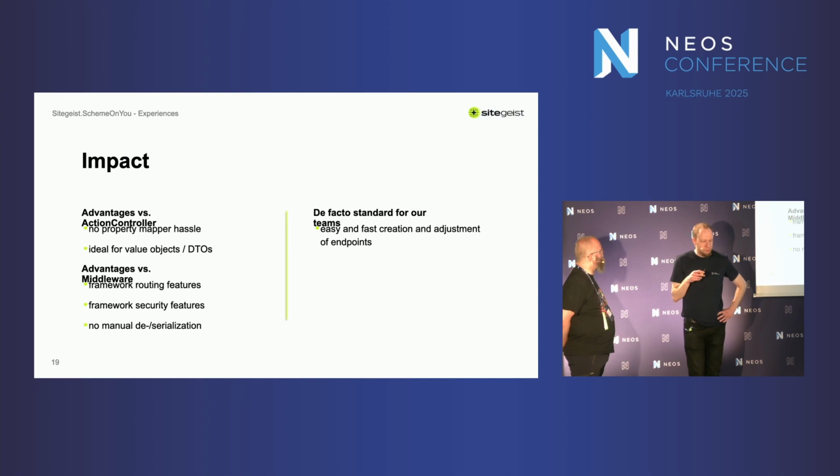Another approach previously was to write middlewares, where you serialize and deserialize value objects yourself by bypassing the property mapper, but you then have routing and security issues. And yes, you get, of course, the specification for free and don't have to look it up in tickets, for example. So it became the de facto standard for both of our teams.